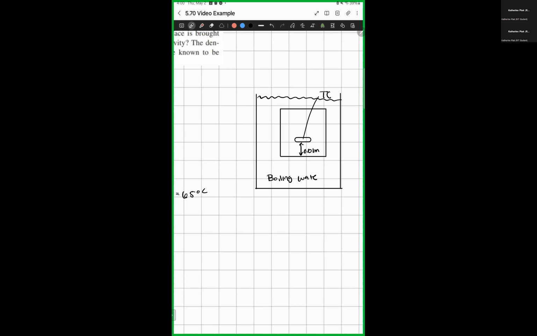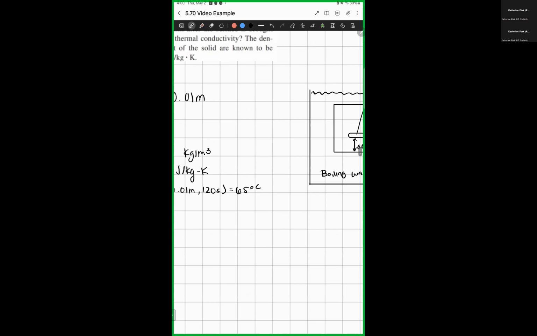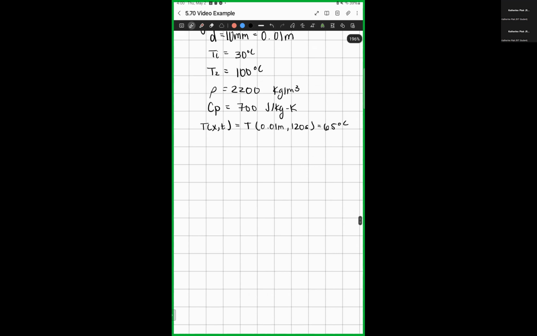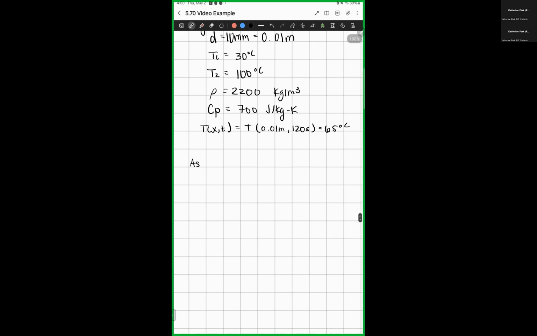Okay, so if we assume a semi-infinite medium, we know from our textbook that T of x,t minus T2, all over T initial minus T2 equals this.